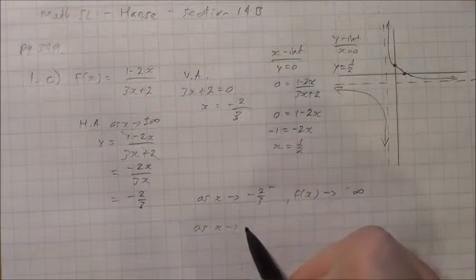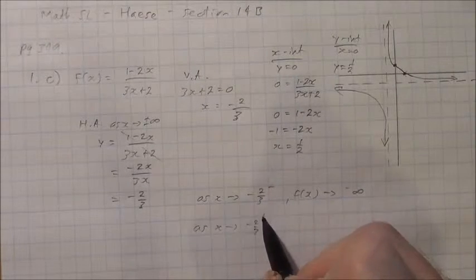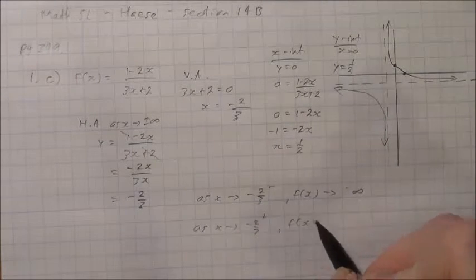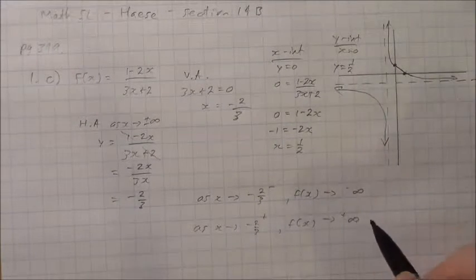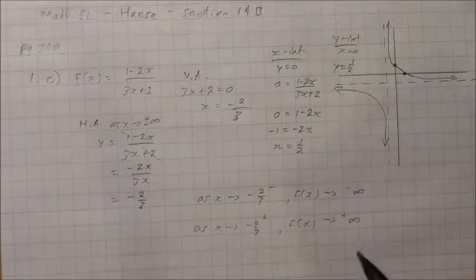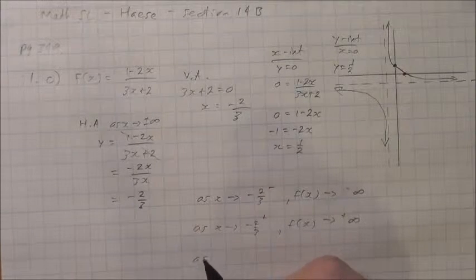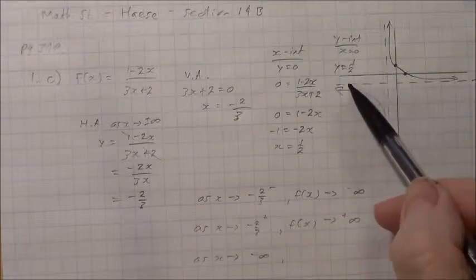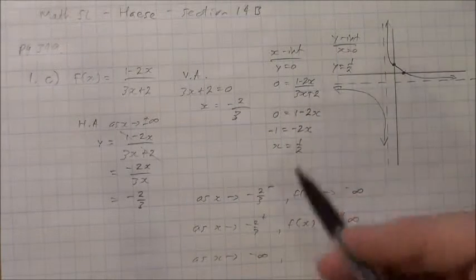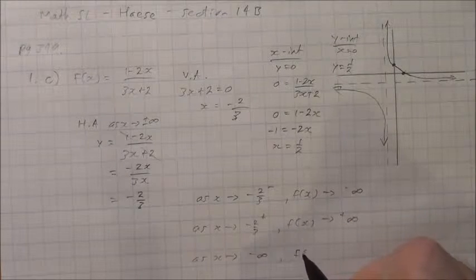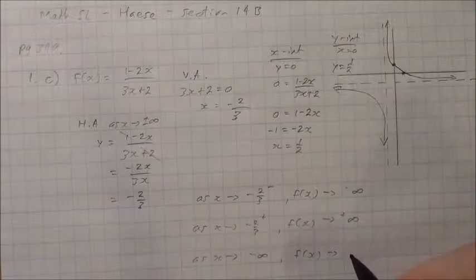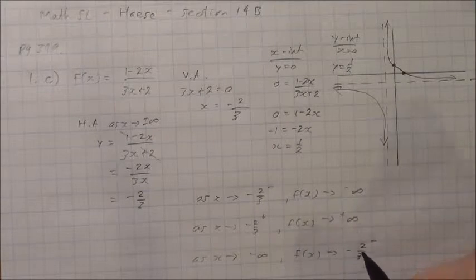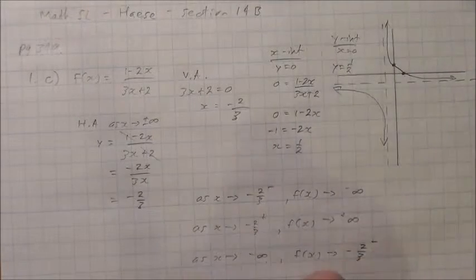As x approaches negative 2/3 from the right, it's going in this direction, we see that f of x is approaching positive infinity. And then as x approaches negative infinity, going towards the very, very large negative values, f of x is approaching negative 2/3, the horizontal asymptote, from below. It's coming up from below.